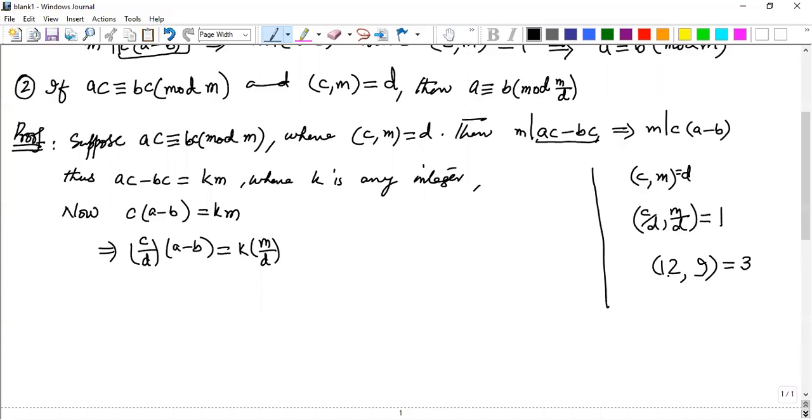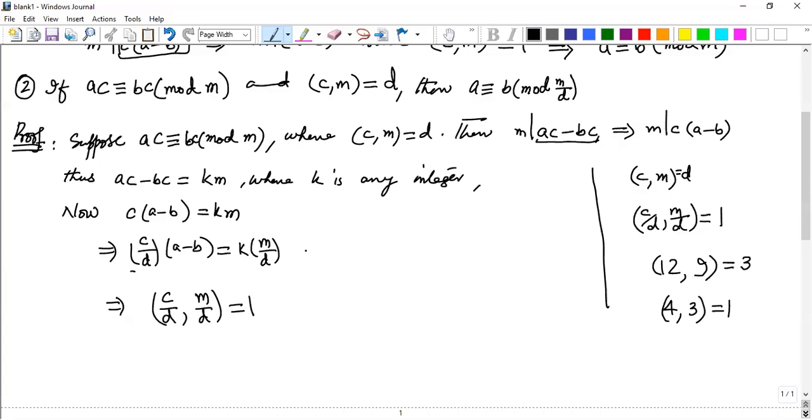If we divide 12 and 9 both by 3, we will have 4 here and 3 here. And now the GCD of 4 and 3 is 1. So it means the GCD of C by D and M by D is 1.